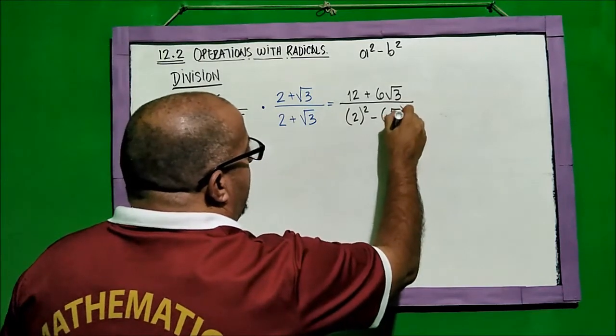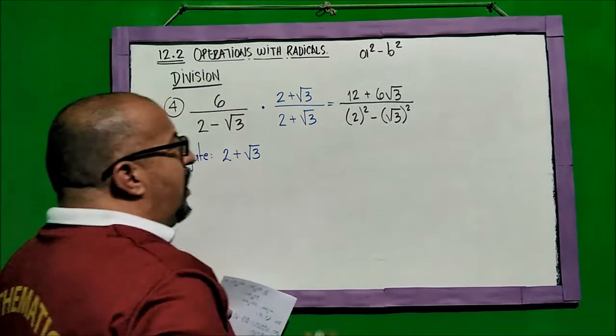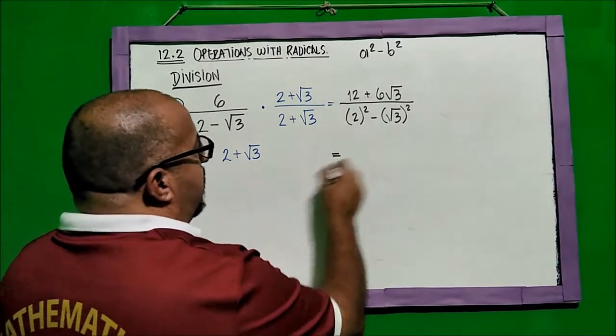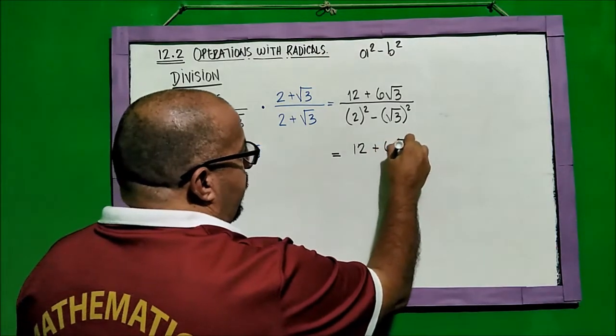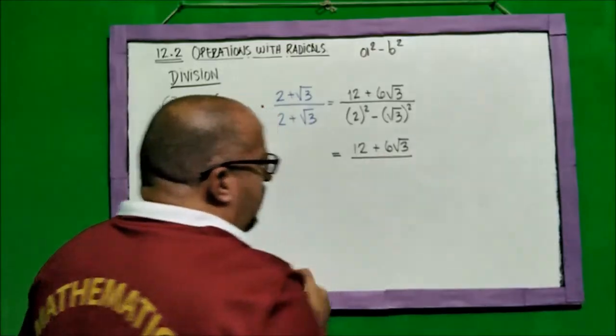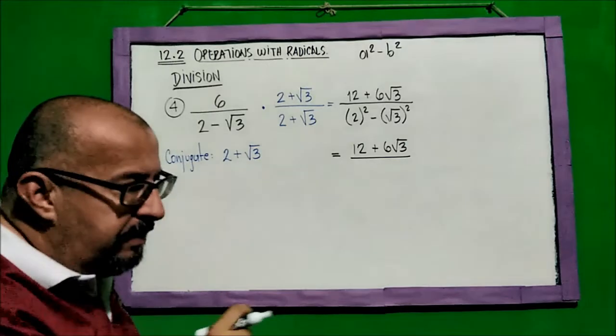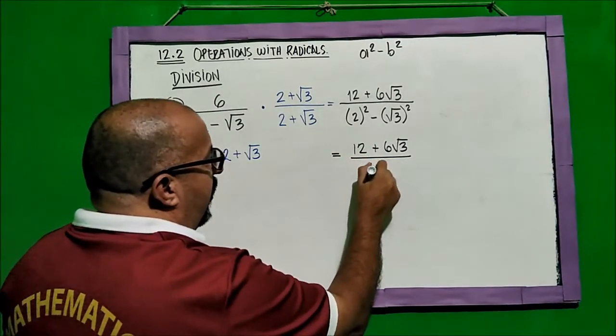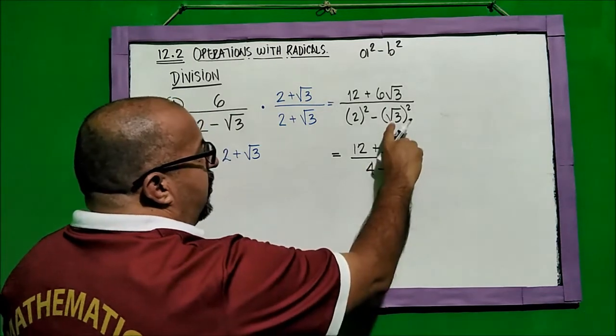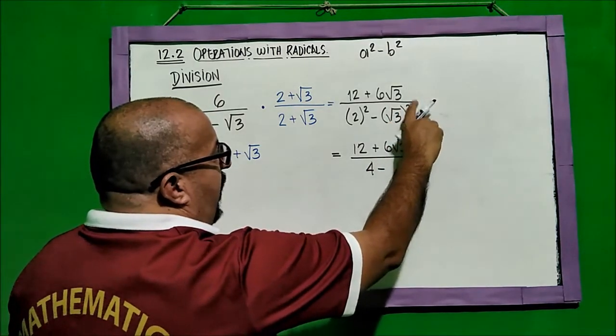Sorry. Once we apply this, what we have is 12 plus 6 square root of 3. And on the bottom, remember what we're trying to do is eliminate that radical from the expression. This becomes a 4. And this becomes square root of 3 to the second power.